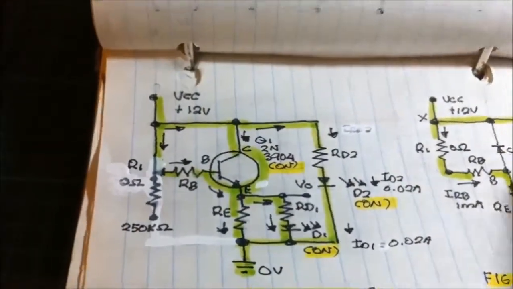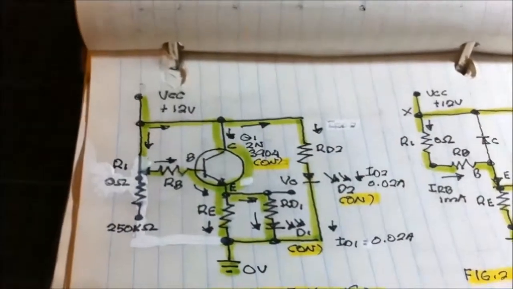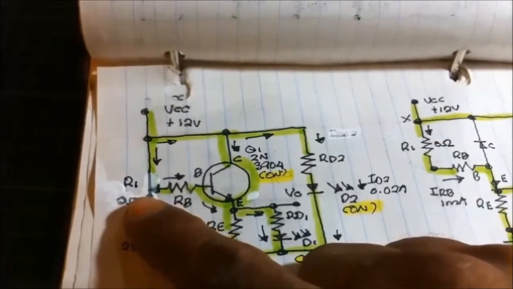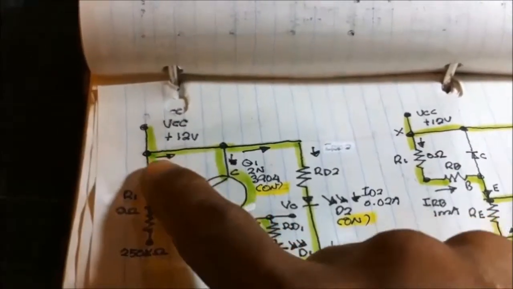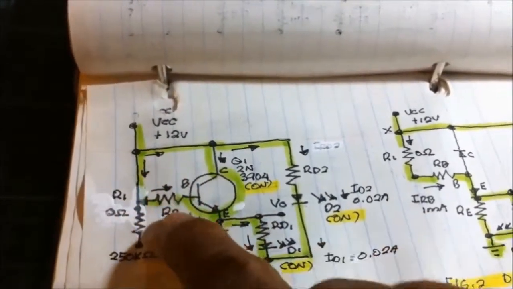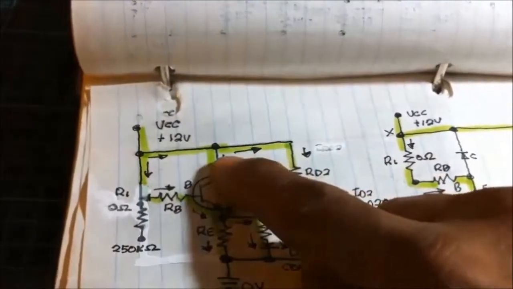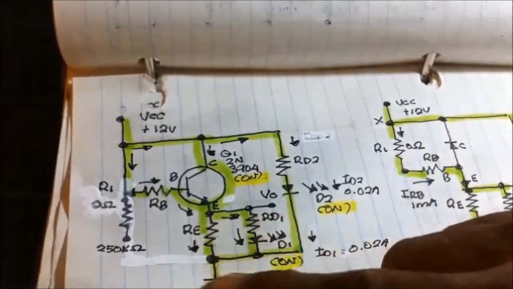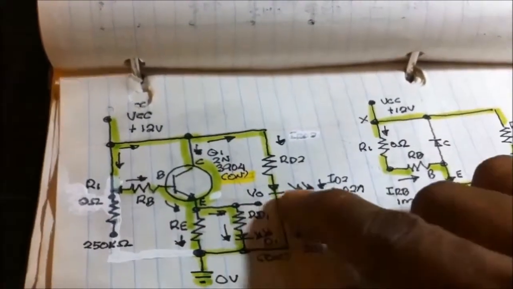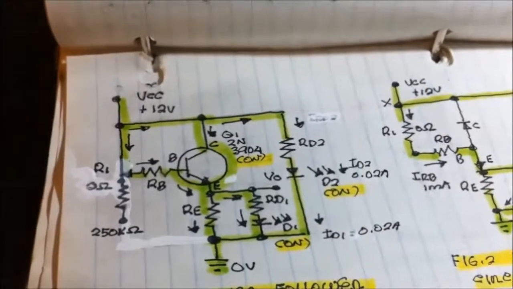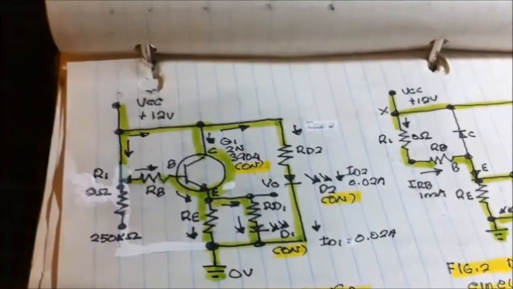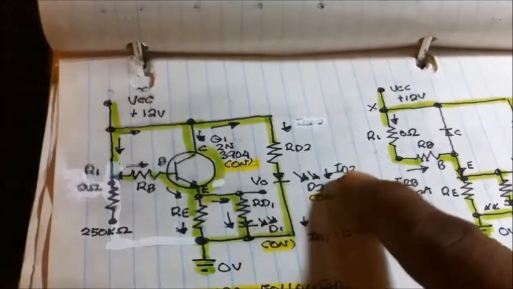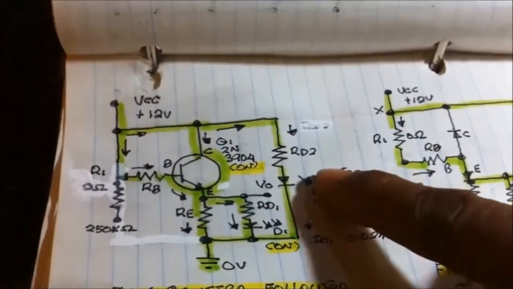At the initial state, when you power on the circuit and you set the potentiometer to 0 ohms, current flows this way, to the base, to the emitter, and to the load, powering on the transistor, and the load is turning on, and we got this power LED.